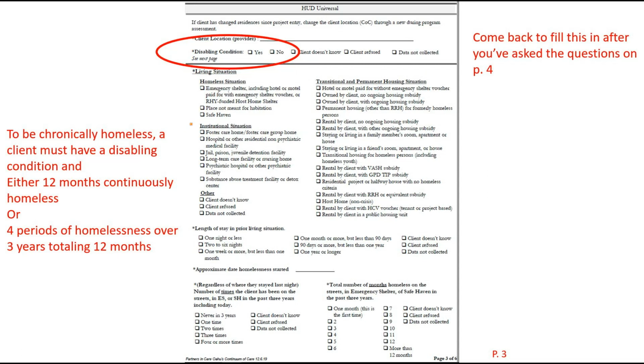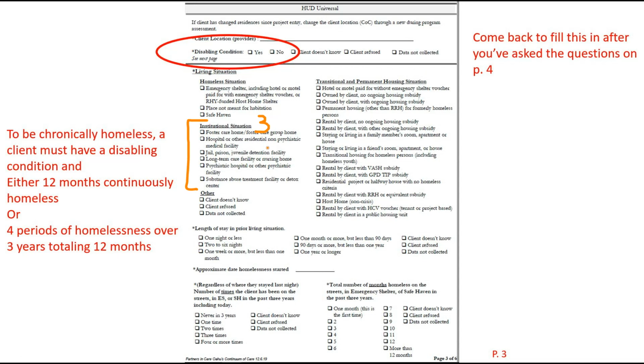If we move on to other sections of this form, we have institutional situations. This would be like hospitals and prisons, and you can see psychiatric hospitals, substance abuse or treatment facilities. We'll come back to this, but once the client has been in one of these institutional settings for 3 months, they are considered housed.